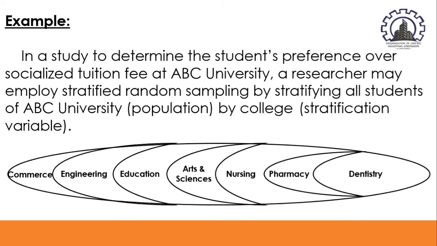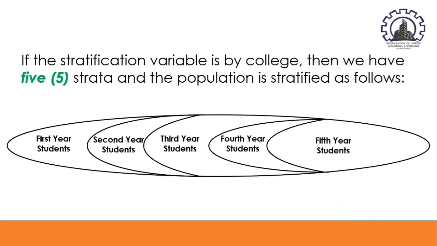So we have commerce, engineering, education, arts and sciences, nursing, pharmacy, and dentistry. Now, since we have already identified our stratification variable, which is by college, the population is stratified as follows.